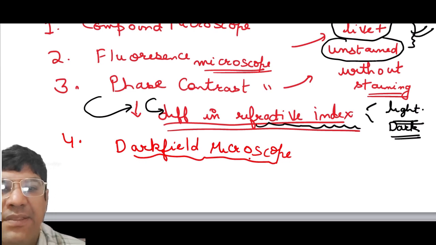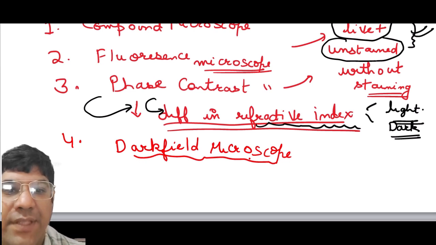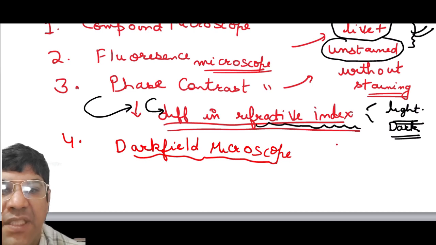The result is that the light rays from the condenser only strike the specimen from the sides and are scattered or reflected by the specimen. So if there are structures in the specimen, they scatter light, creating contrast against dark backgrounds.